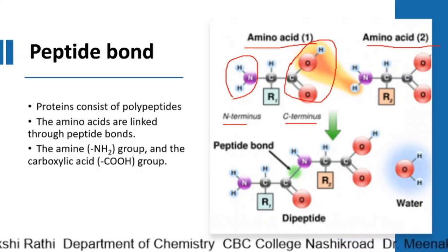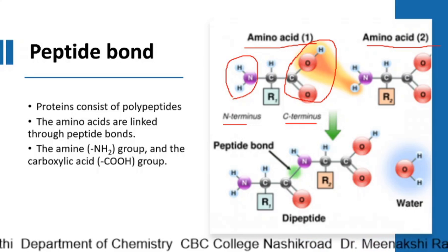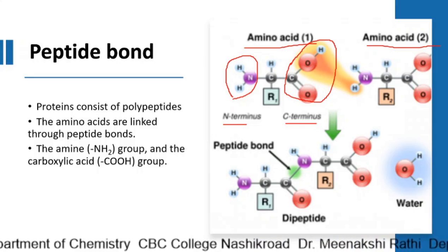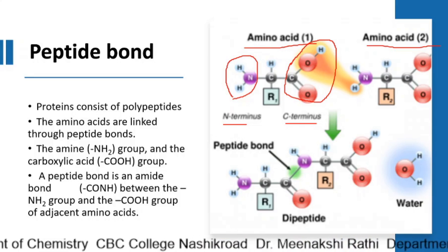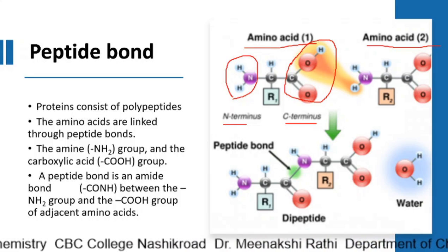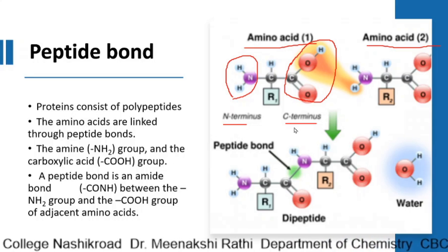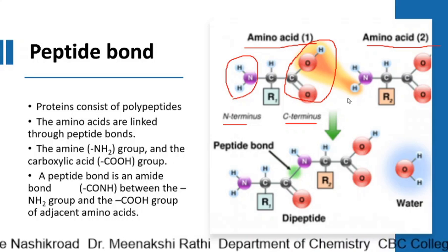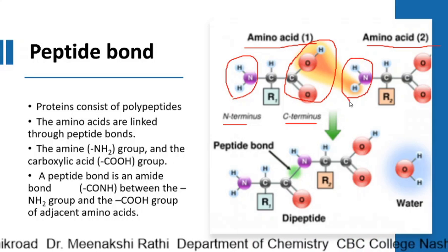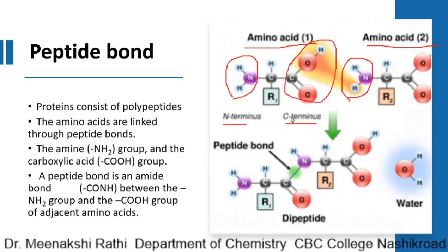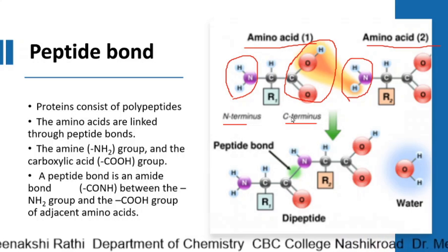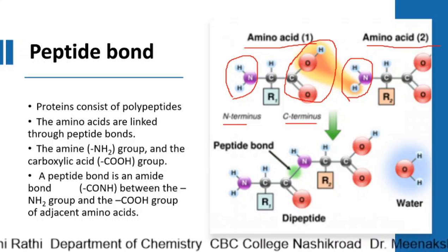Now here a peptide bond is formed. It is nothing but a amide bond and it is formed between the NH2 group of one amino acid and COOH group of adjacent amino acid with the loss of water molecule.